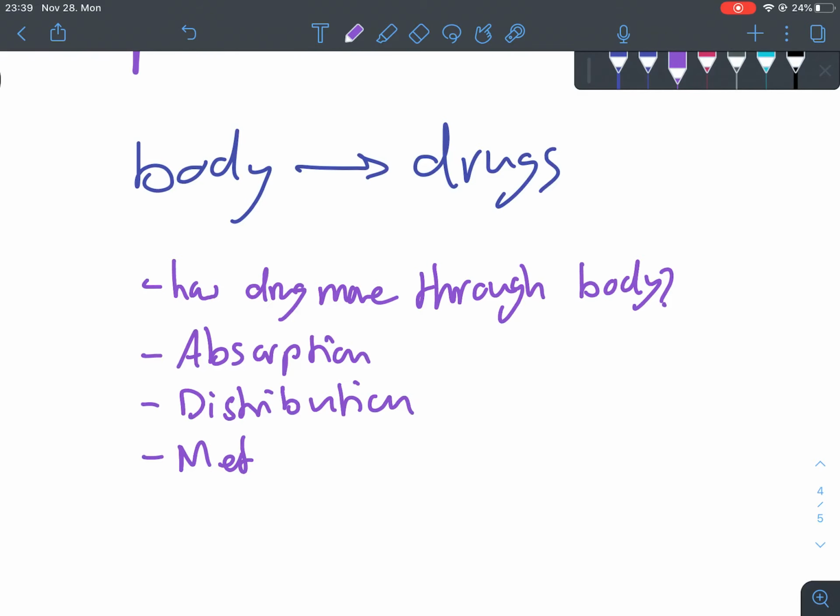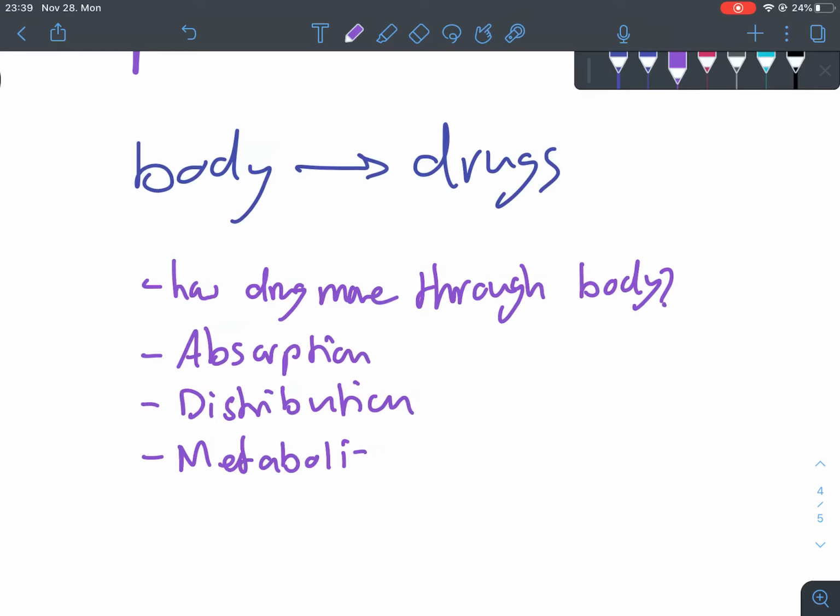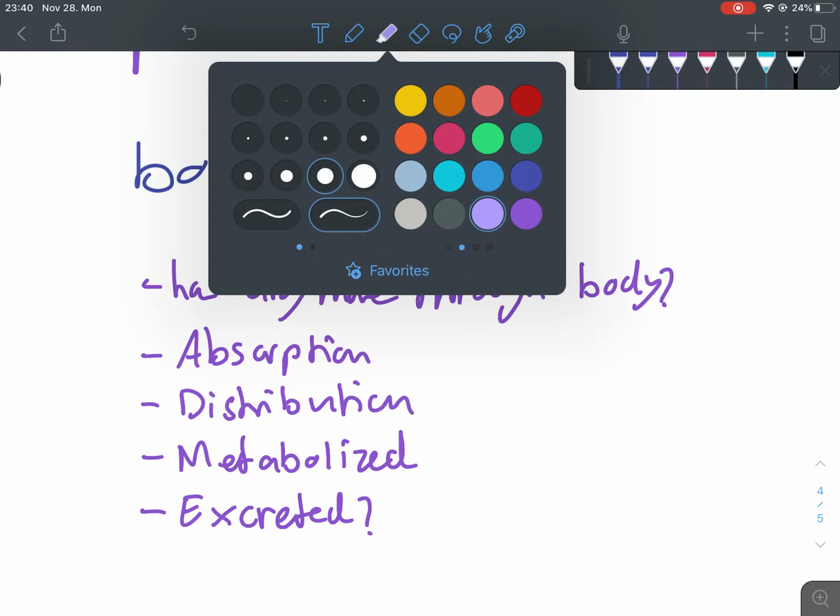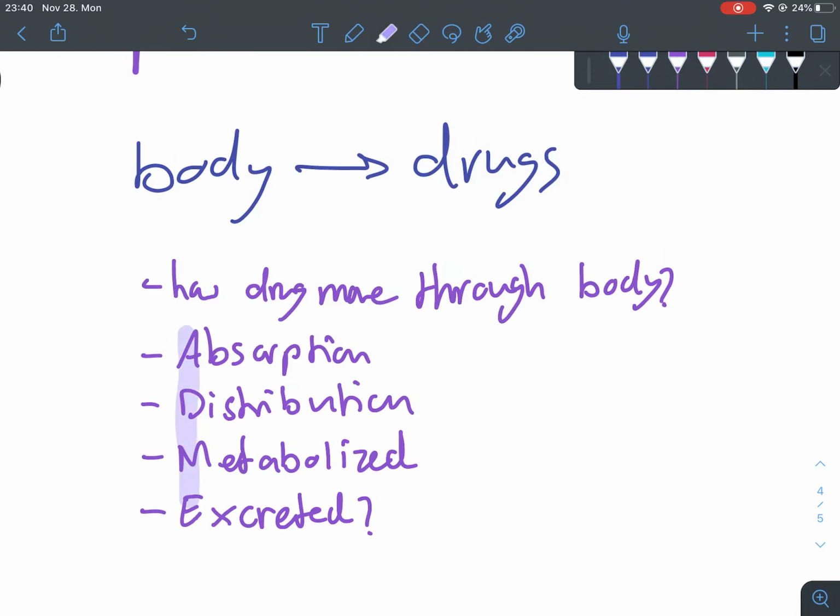How is it, if it is at all, metabolized? And how is the drug excreted? These are going to be our main four categories that we want to discuss when we're talking about pharmacokinetics.